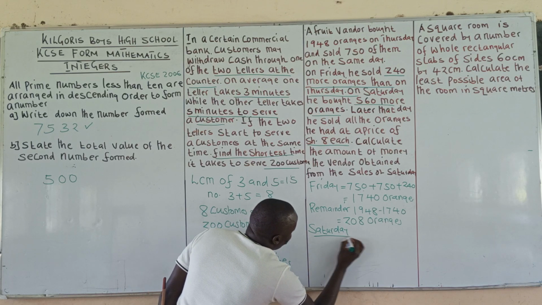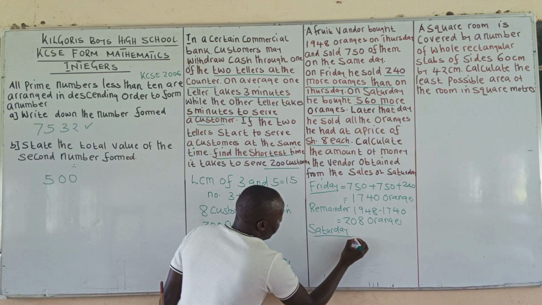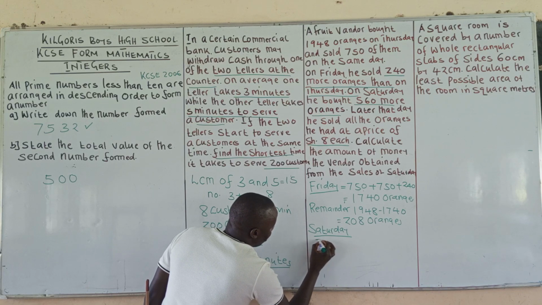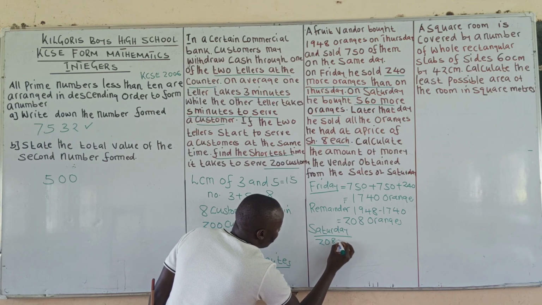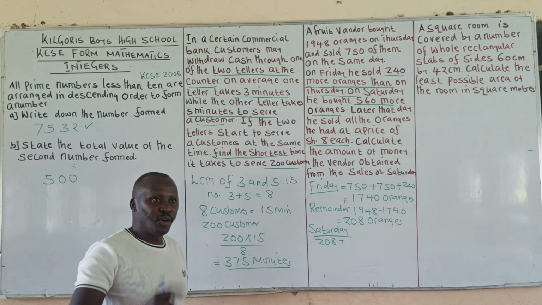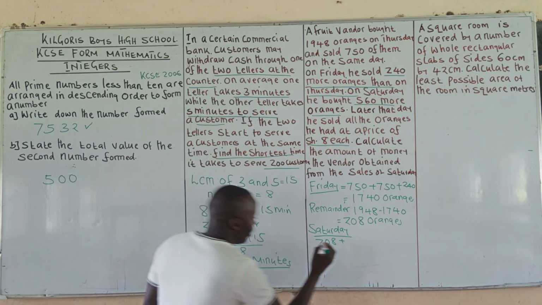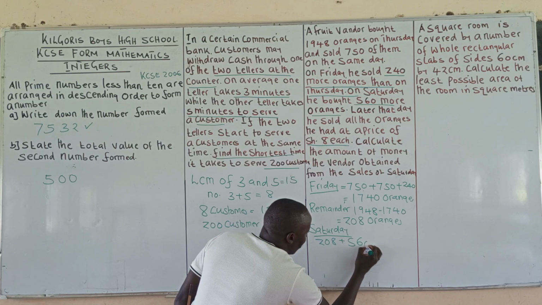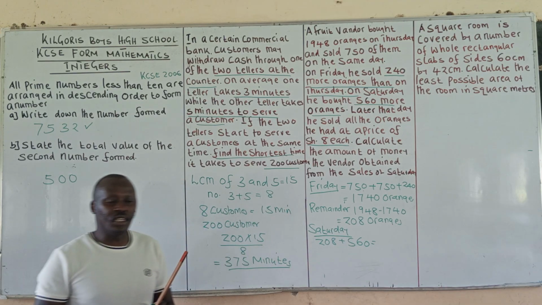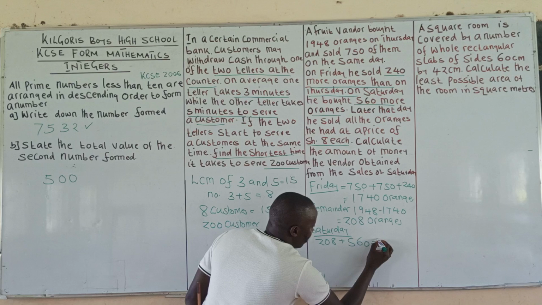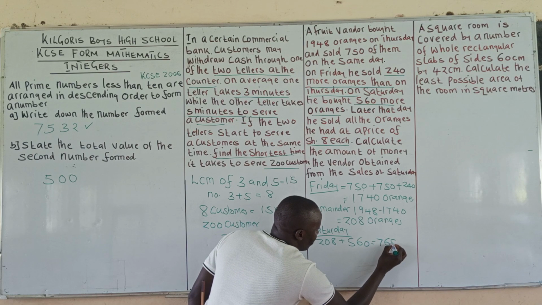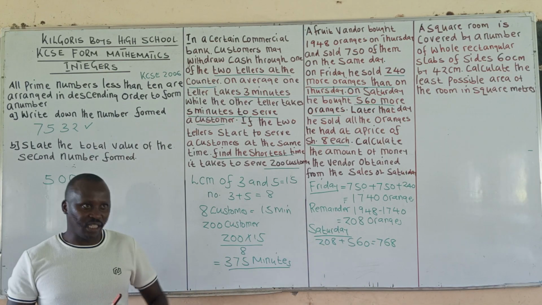On Saturday, the number of oranges we have remaining from Friday is 208. Then he bought 560, and that one now will give us a total of 768. So this is 768 oranges on Saturday.